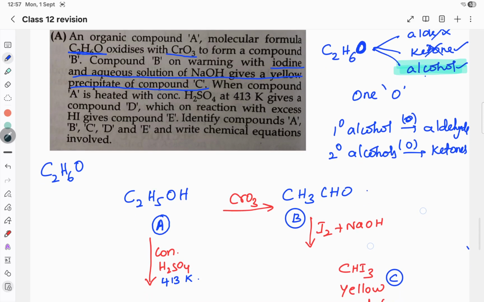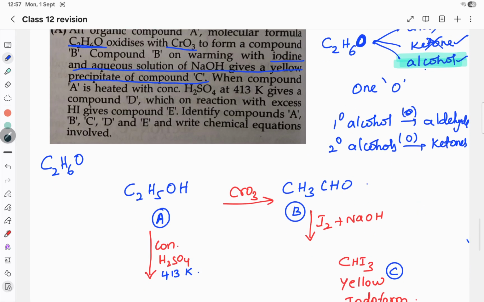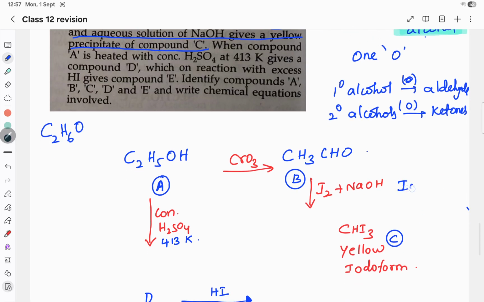CH3CHO. Now compound B on warming with iodine and aqueous NaOH gives yellow precipitate of compound C. So this is the iodoform test. Only acetaldehyde will give iodoform test, so compound C is the yellow precipitate CHI3, which is iodoform.